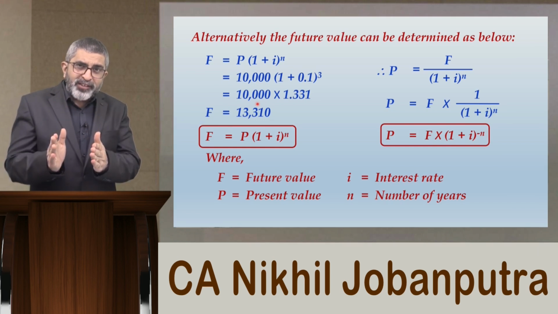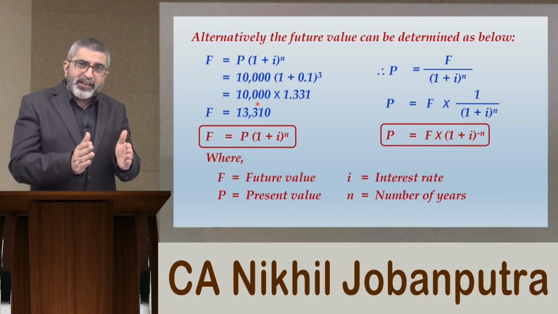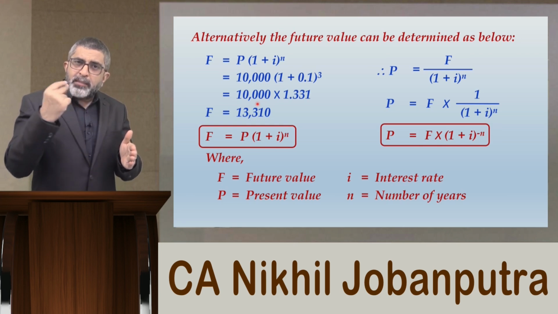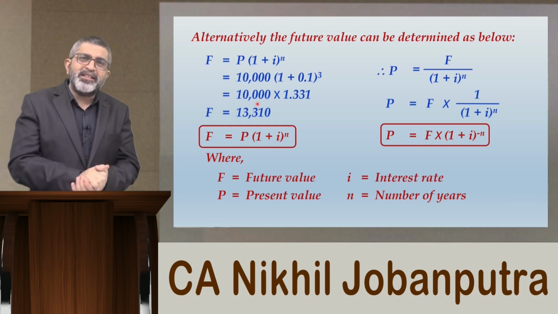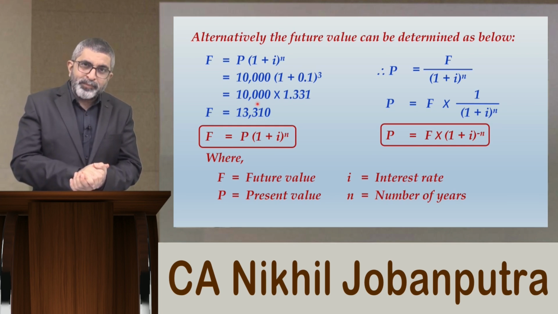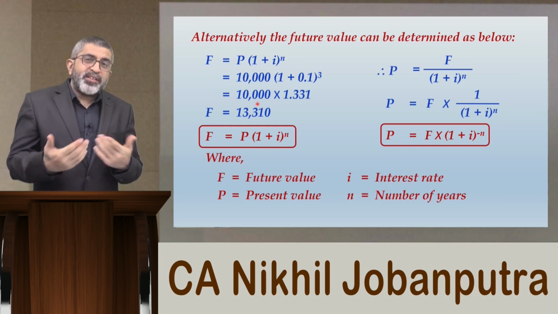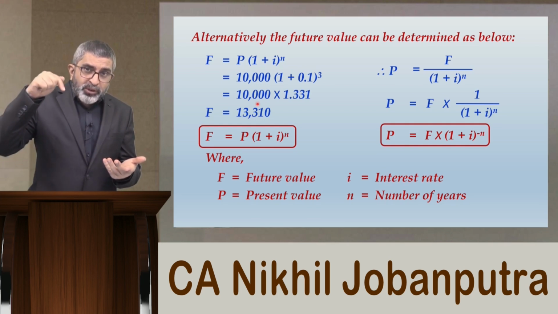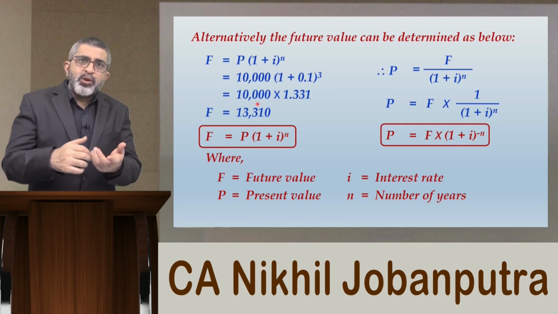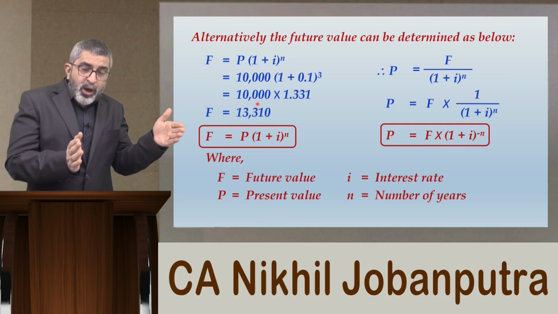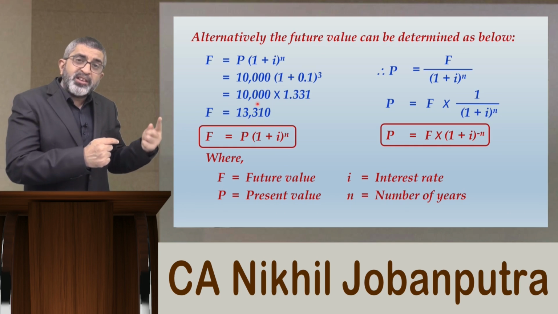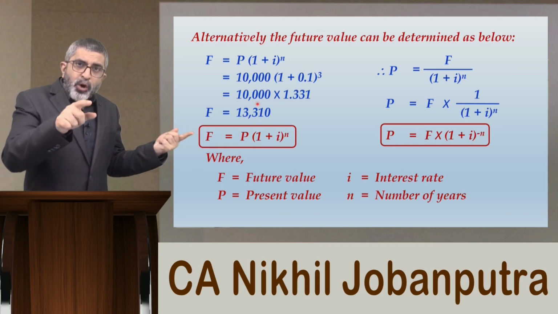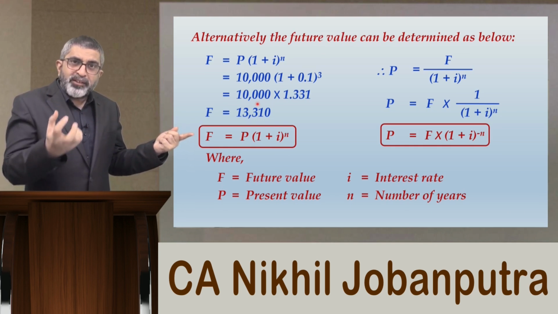So $10,000 multiplied by the future value factor, that is 1.331, becomes the future value of today's 10,000, that is $13,310. Now inversely, if I want to compute the present value, suppose I tell you that after 3 years from now the maturity value of your investment is going to be $13,310, and I want you to determine the present value of the same.